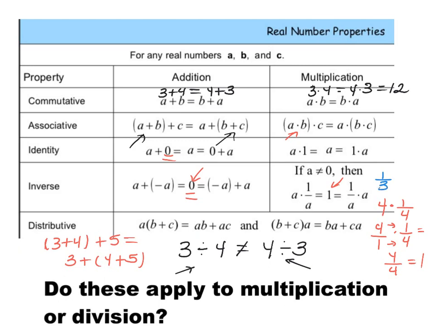What can I multiply 1/3 by to get 1? Any ideas? Yes. By 3 over 1. Right. When I multiply that straight across, 1 times 3 is going to get me 3. 3 times 1 is going to get me 3. What's 3 over 3? 1. Any questions?